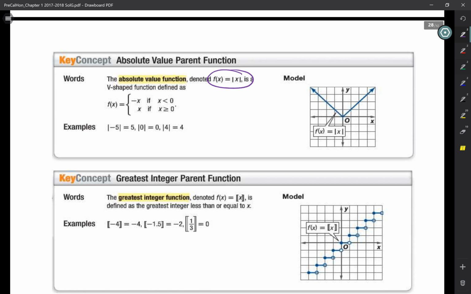No. Any x value will work in this. Is there an x value that would give you a negative y value? No. So you can put in any x value that you want, but the function will never be negative. It will never go below the x-axis. So for example, if x equals 1, you get 1. If x equals negative 1, you still get 1. If x equals 5, you get 5.